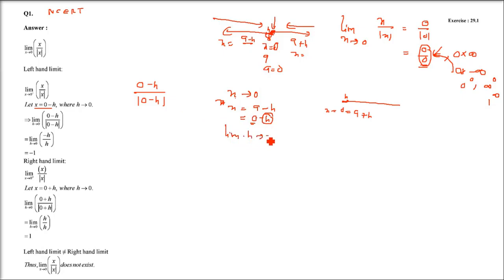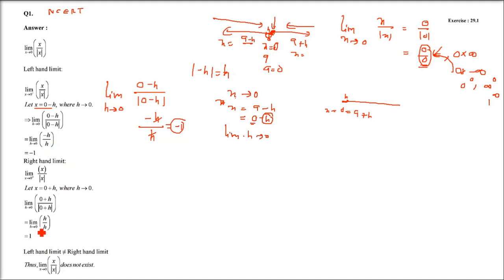So we have limit h tends to 0 of 0 minus h by mod of 0 minus h. Minus h will remain in the numerator. In the denominator, in the mod of 0 minus h, the minus h is inside the mod, so h will come out. So minus h by h. Mod means always positive comes out. It will be minus 1.